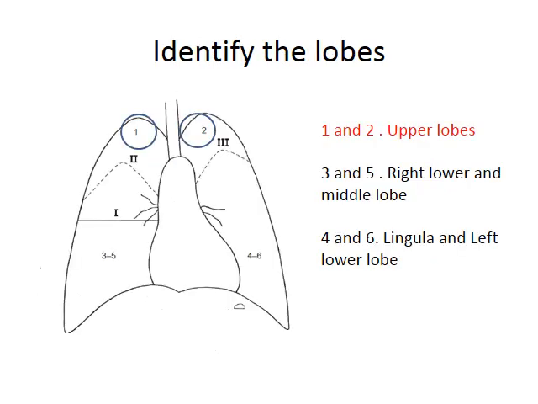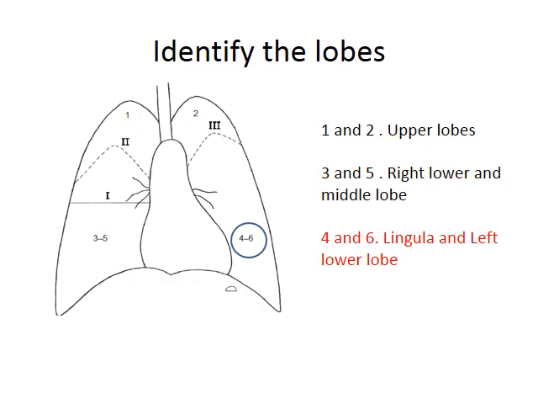Then identify the lobes. So the 1 and 2 are upper lobes, 3 and 5 are right lower and middle lobe, 4 and 6 are lingula and left lower lobe.